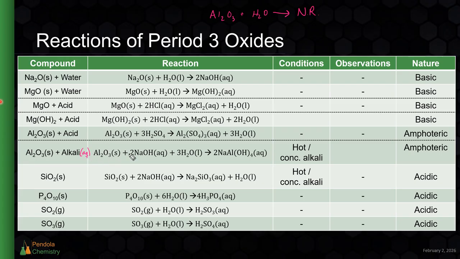Because aluminum oxide will react with that alkali, like sodium hydroxide, and water to create the complex ion between the metal ion of the base, aluminum, and 4 hydroxides.